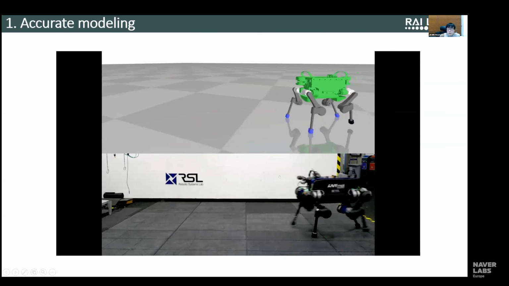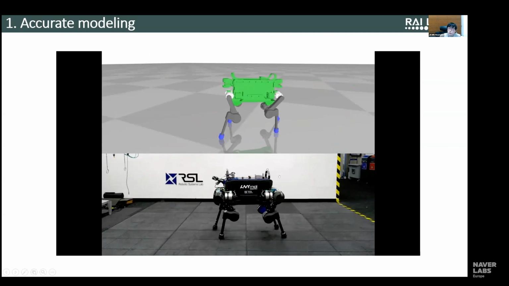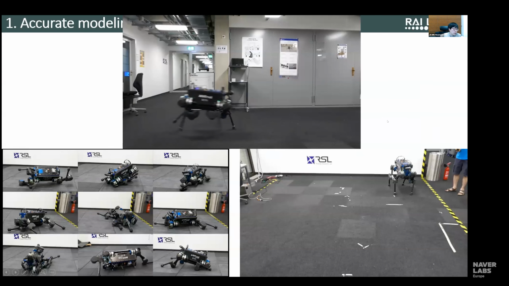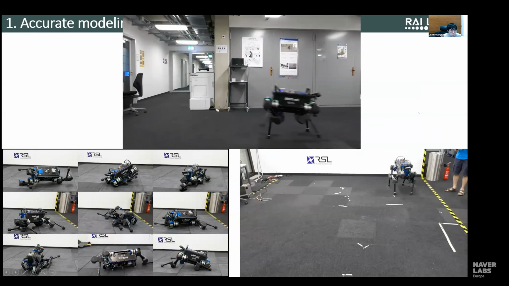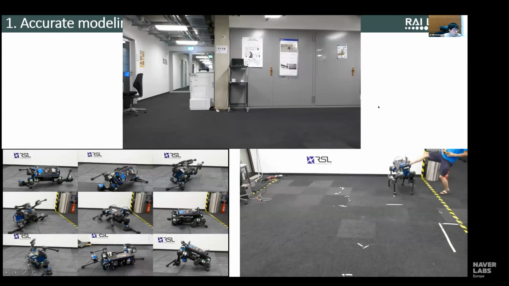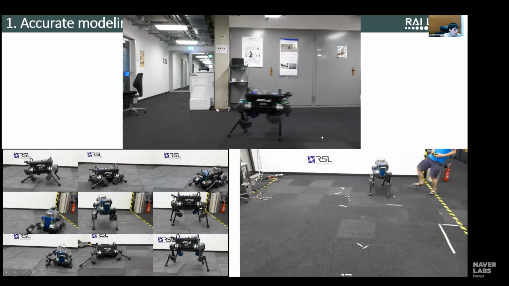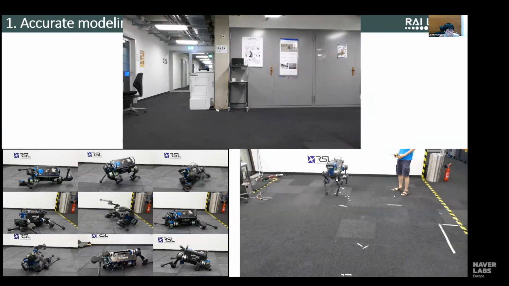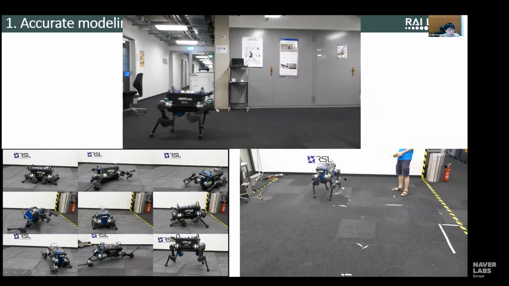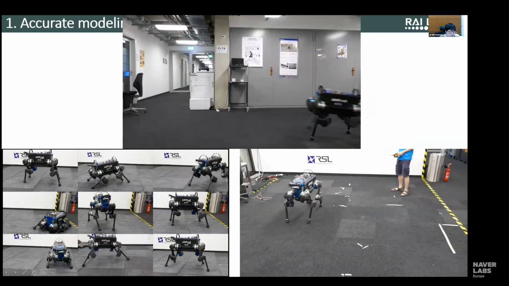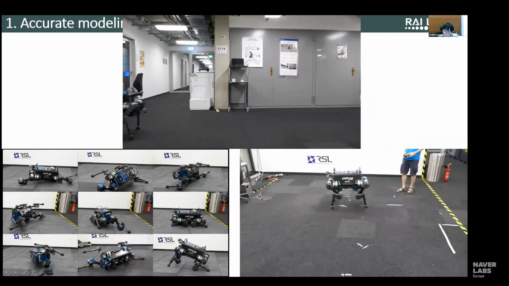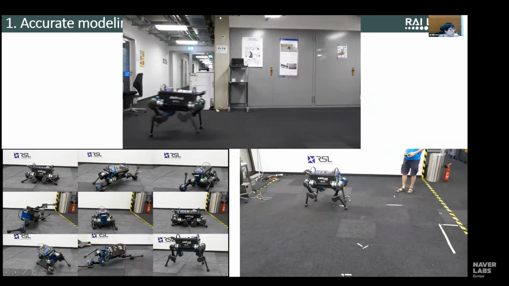Once we can predict the dynamics, we can use that simulation to train control policies for this robot, right? So in the end, we could train a locomotion policy which made this robot run quite fast. We could recover from arbitrary configurations, and we could train a policy that is robust against external disturbances, as you see in the bottom right corner.